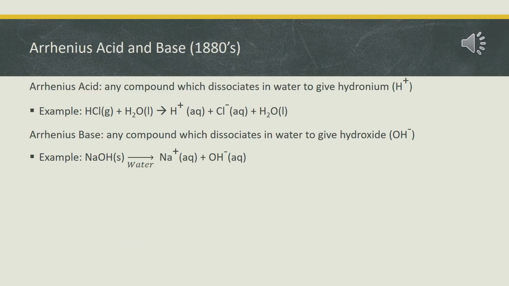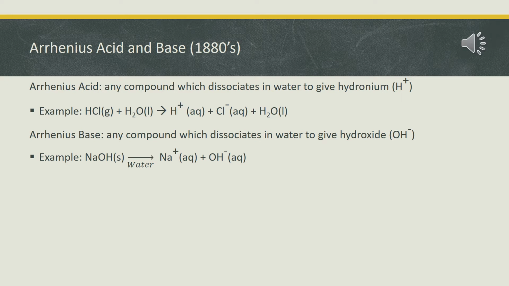You may have noticed on the previous slide it said definitions for acids and bases, meaning more than one, and there are several. On this slide, we're going to look at the next one, which is an Arrhenius acid and base, and these definitions came about in the 1880s. Arrhenius is a person, and he defined as an acid any compound which dissociates in water to give hydronium. Hydronium is H+.